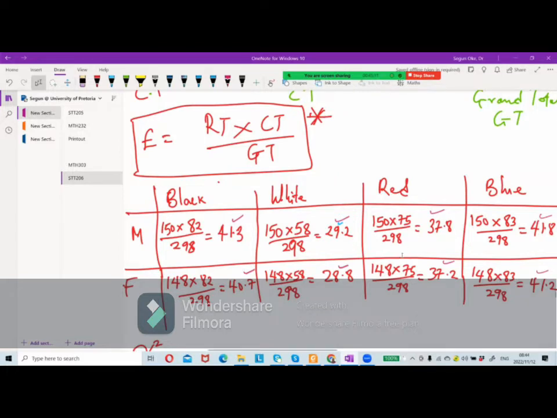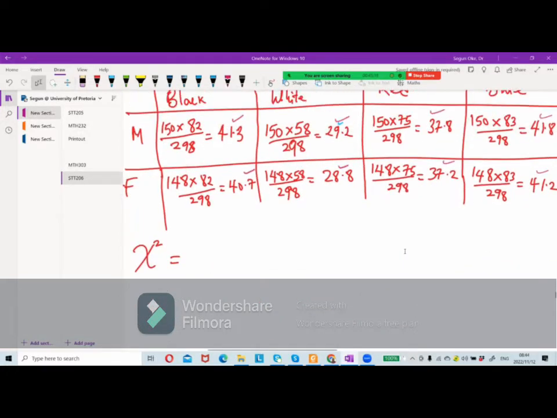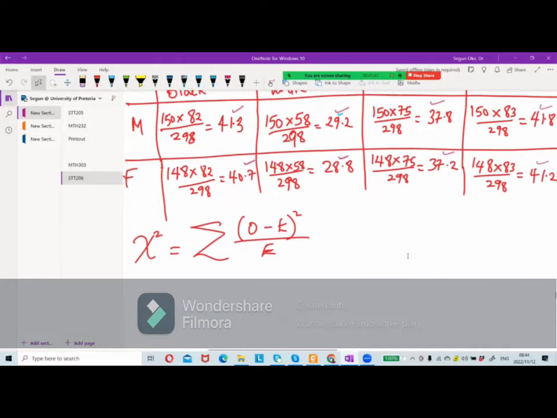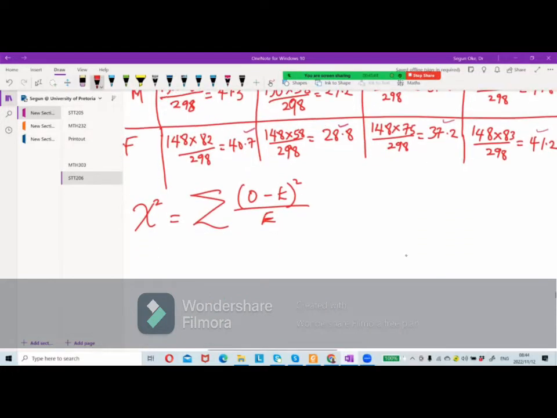So all I need to do is to state it using my formula. I have my formula already. The formula says the summation of observation minus expected, squared, divided by expected. Are you getting it? So we can now pick for the first, May.